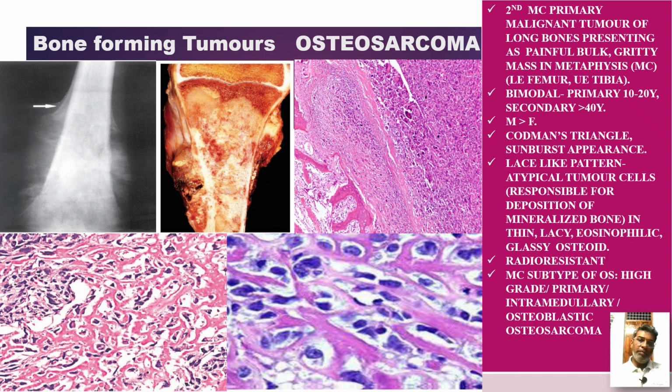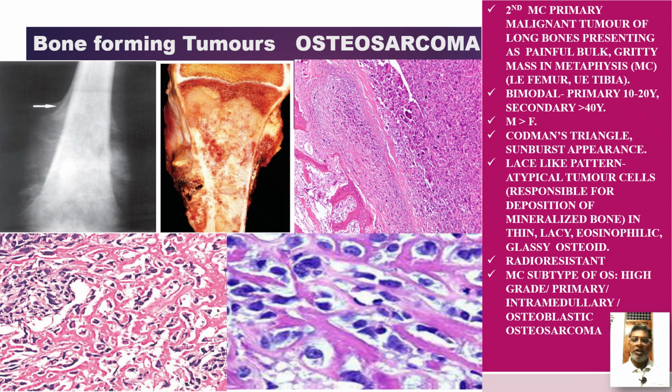There will be bimodal involvement, that is primary osteosarcomas are seen in the age group of 10 to 20 years and secondary osteosarcomas are seen in people more than 40 years of age. Males have a higher osteosarcoma risk when compared to females.